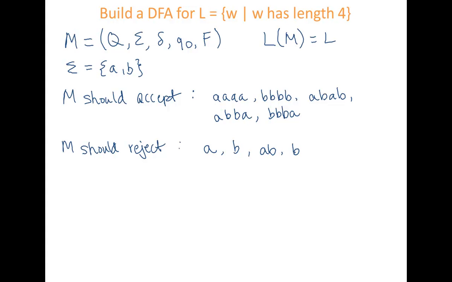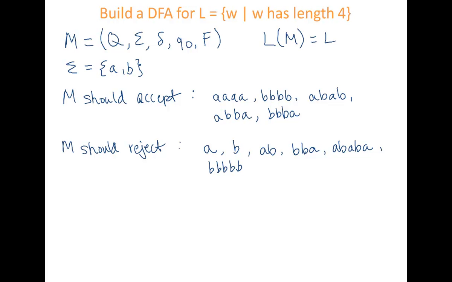It should reject BBA. It should reject ABA, and it should reject BBB. Again, there are many more strings that M should reject. We're just coming up with examples to think about how to build this machine M.